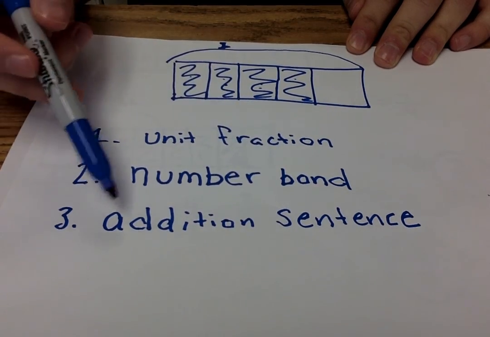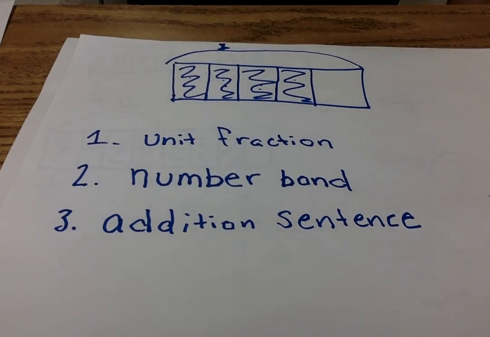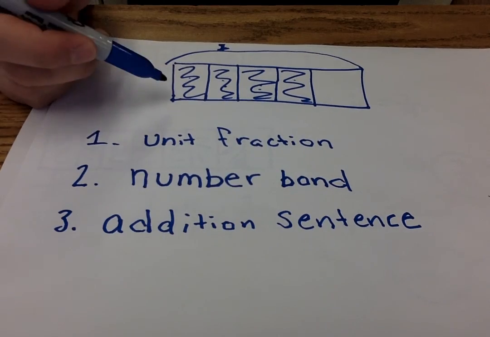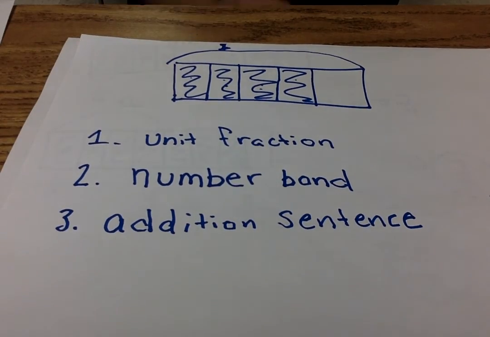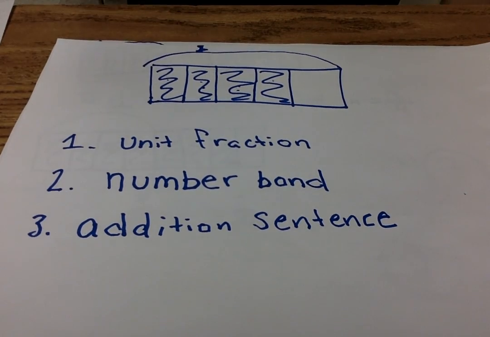And 3, write an addition sentence including the unit fraction that you found. What can be an addition sentence that matches your number bond and the unit fraction? So do those 3 steps on a blank piece of paper, making sure that your name is on it. Take a moment to do that.